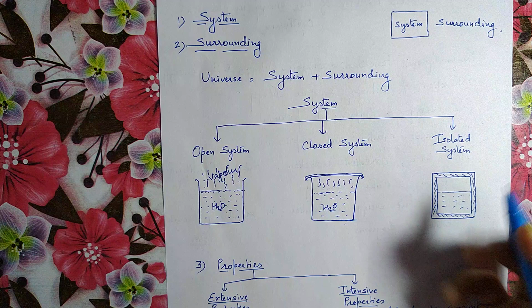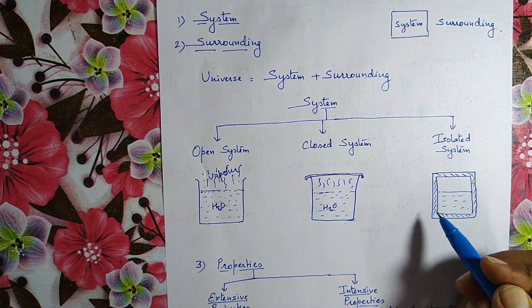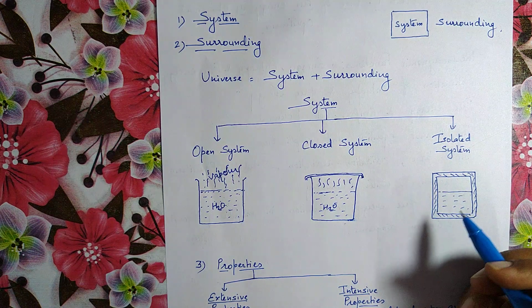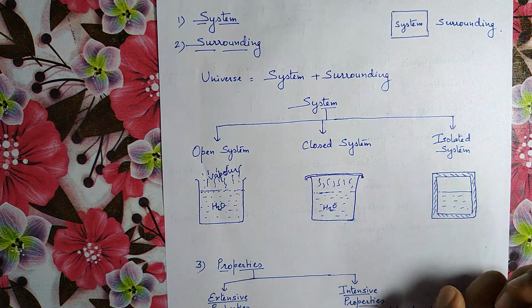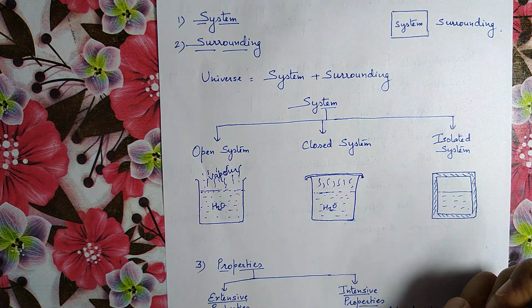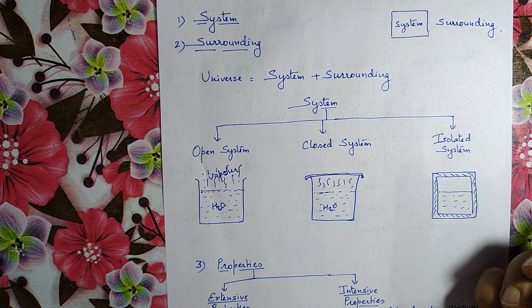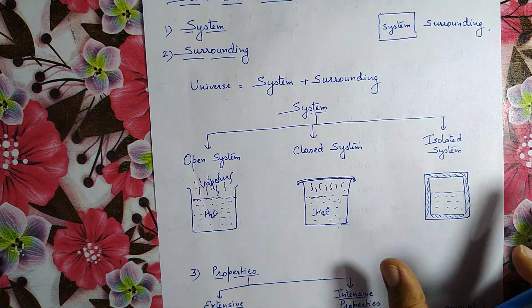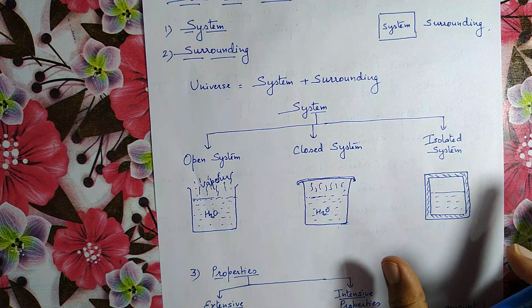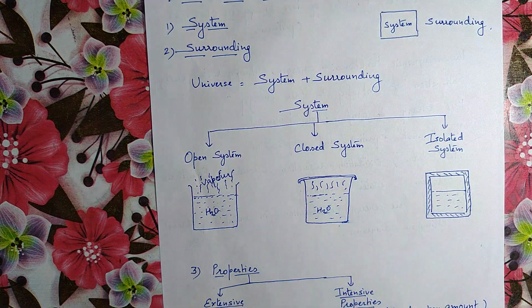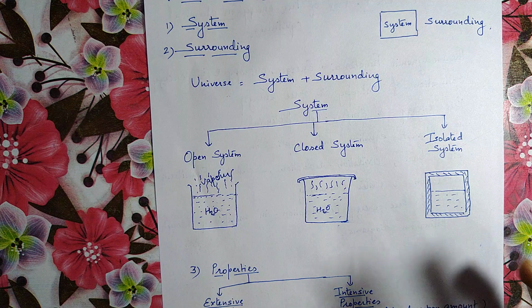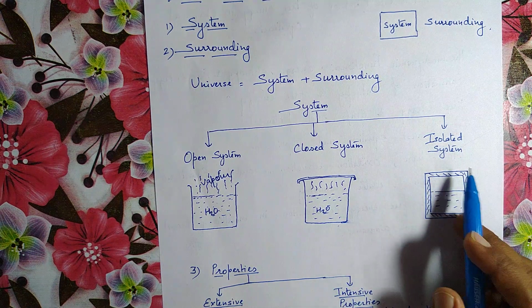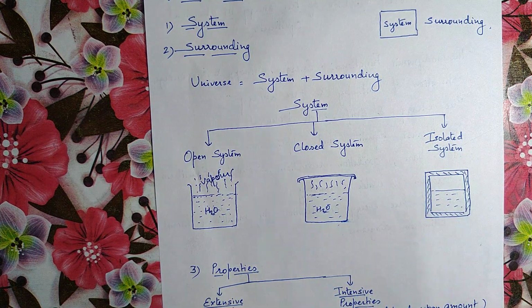They can't exchange water molecules with the surrounding and also can't exchange heat or energy. A perfect isolated system is not possible. It is an ideal system, but a thermal flask can be considered an isolated system to some extent.